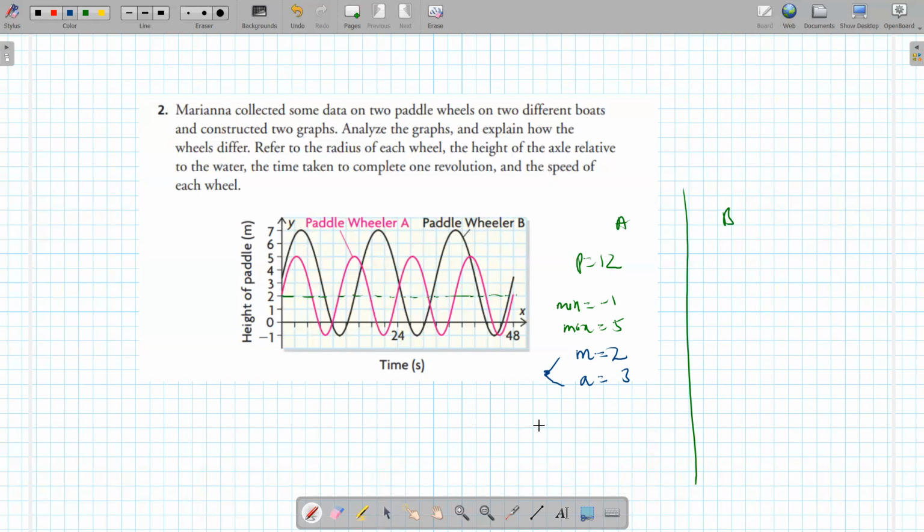Or you can look at it this way as well. This one is a little bit trickier because you need to find 2 good points, but we can find 2 good points. Let's say from here to here. What's the distance? How far have you traveled in terms of y?